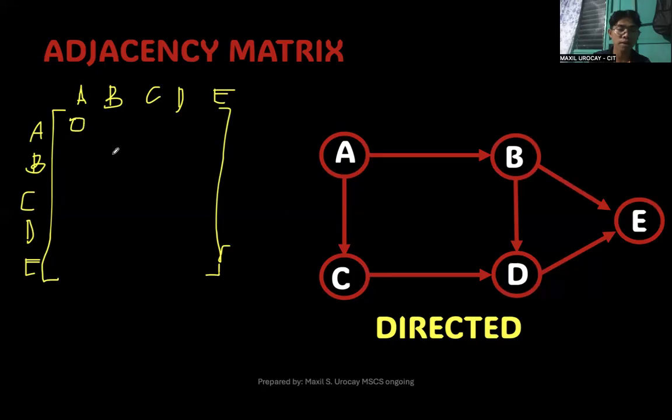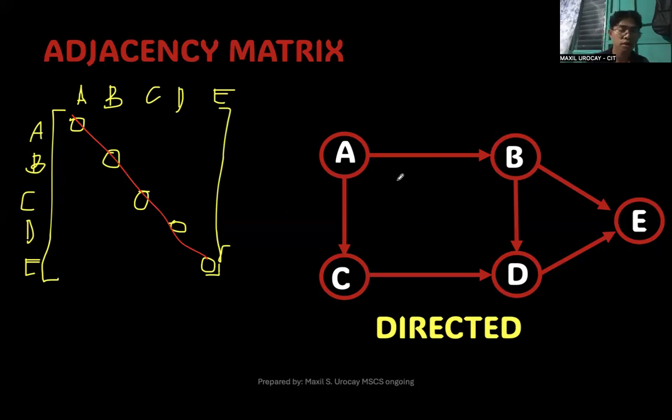A to A, B to B, C to C, D to D, and E to E, since there's no loop in our structure right now. So that means it is 0 already, automatic.